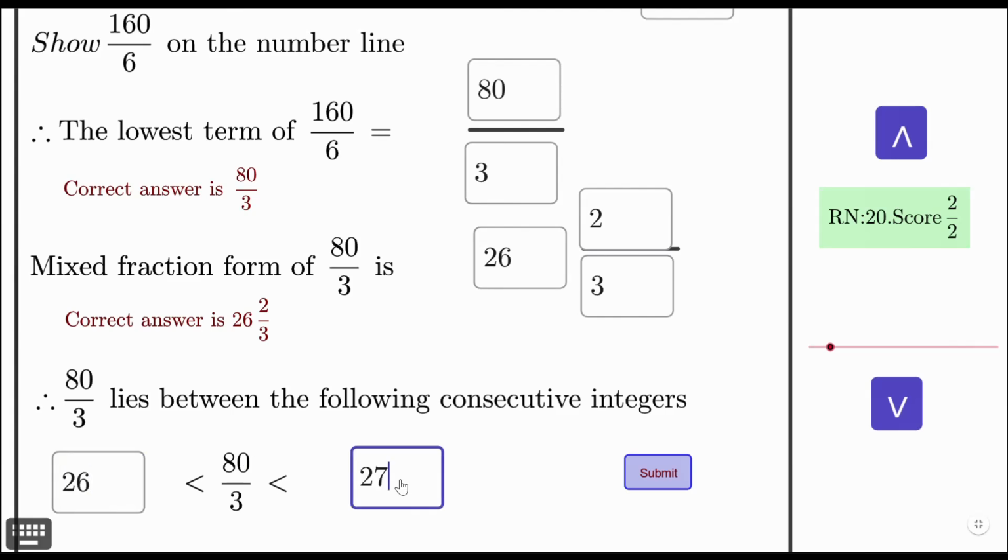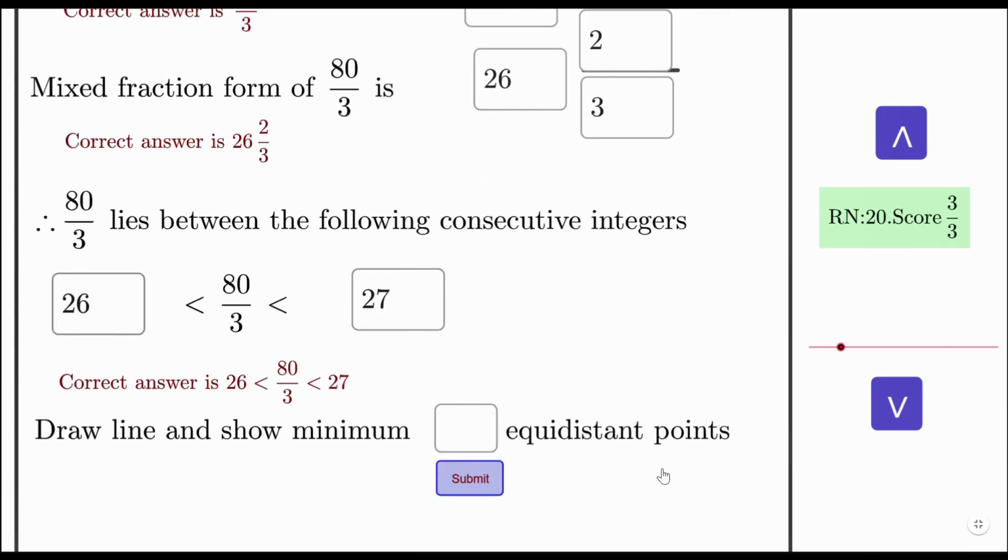So we are going to plot four integers 25, 26, 27 and 28. So press submit button to get answer. My answer is correct and therefore corresponding score is 3 out of 3.